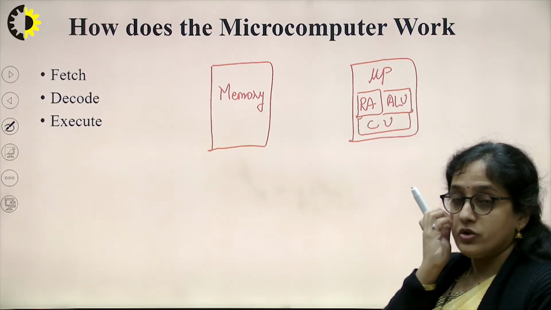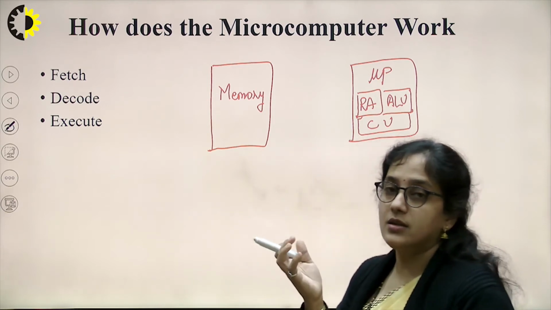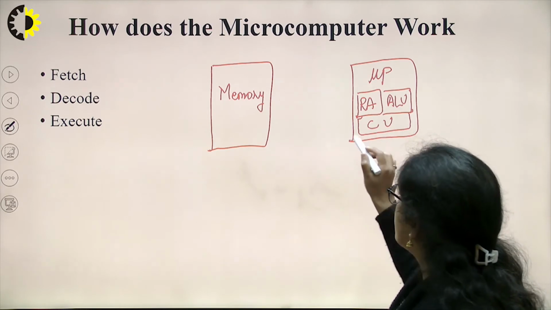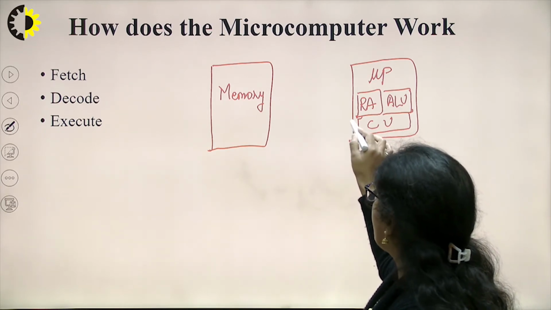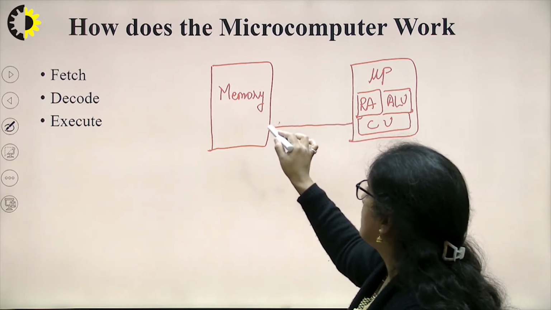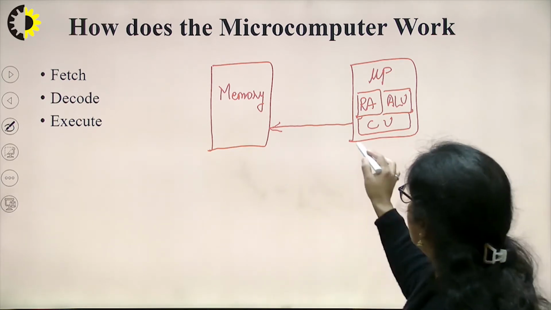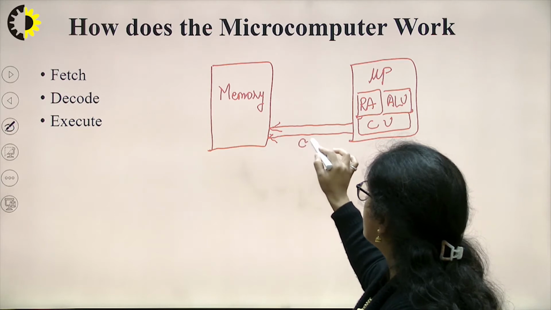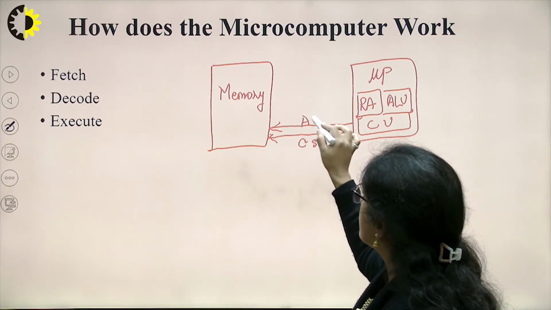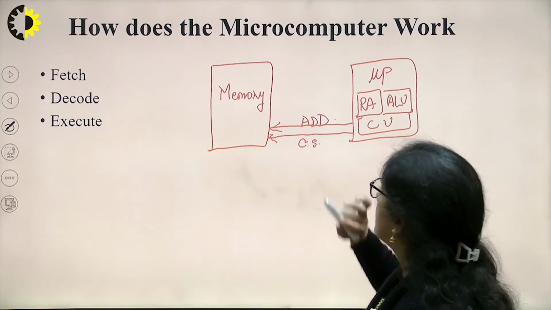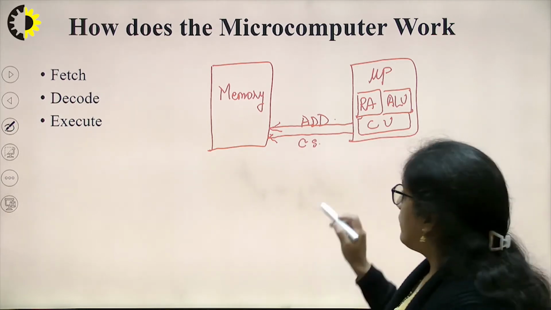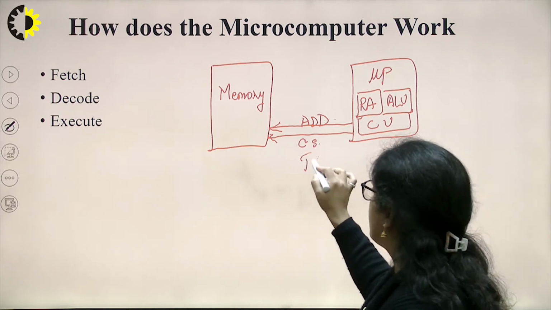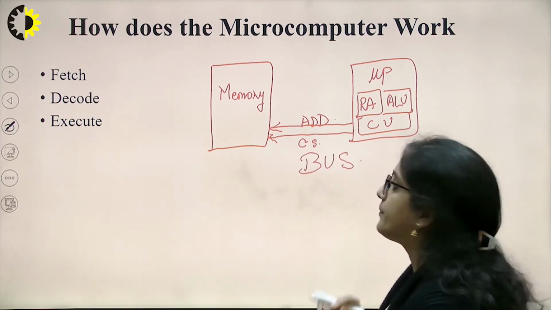Whenever there is a first instruction, the microprocessor will generate an address and a control signal. To generate the address and send the control signal, it uses a bus.